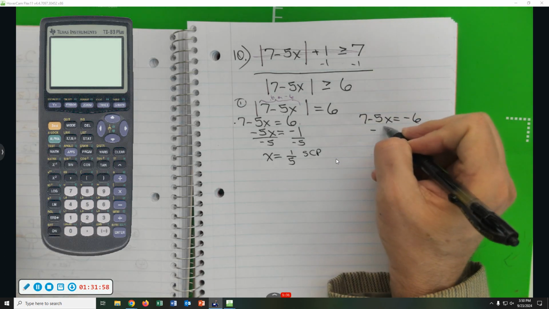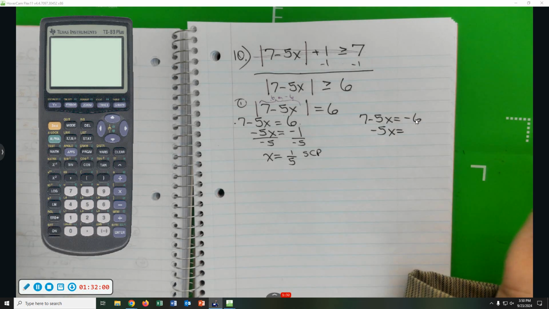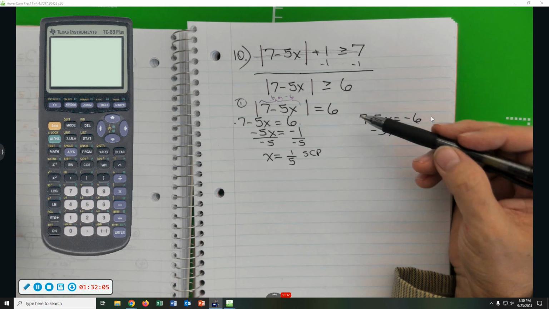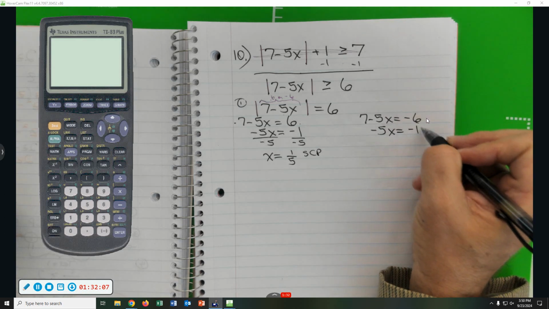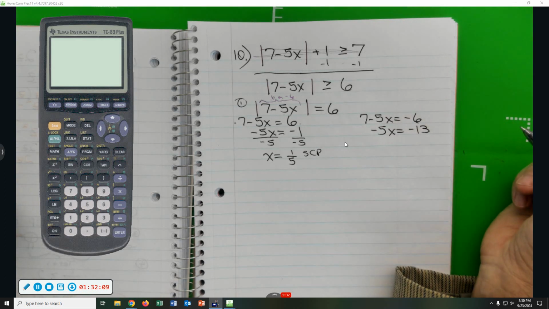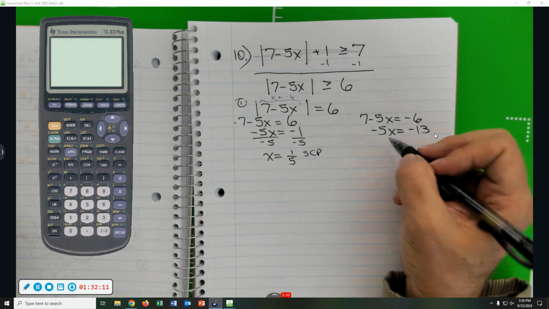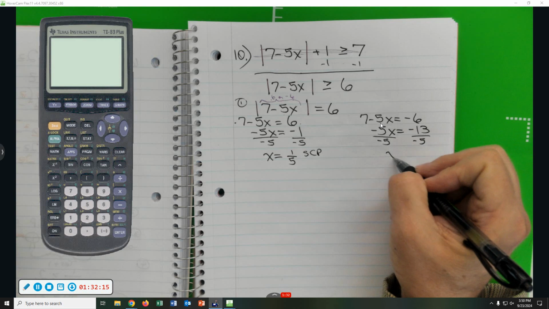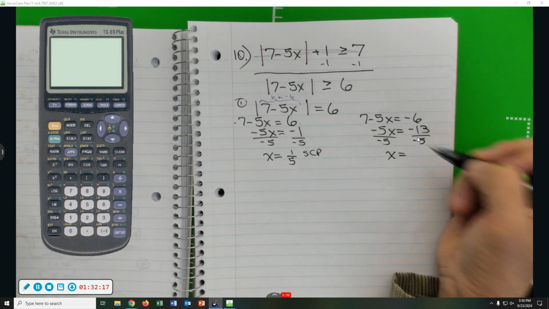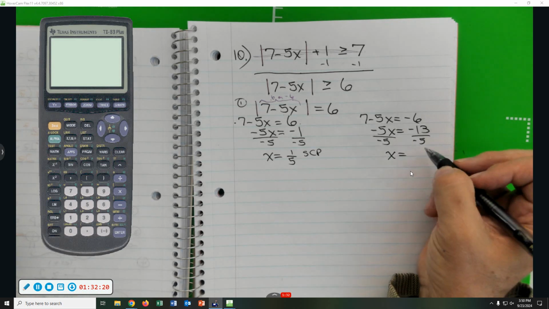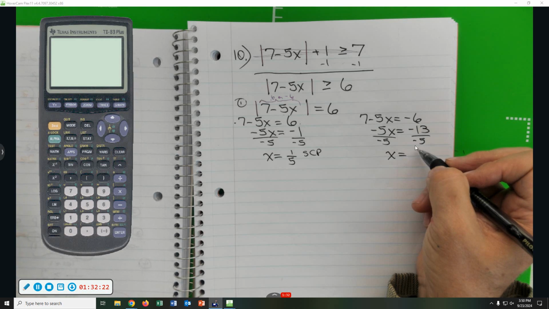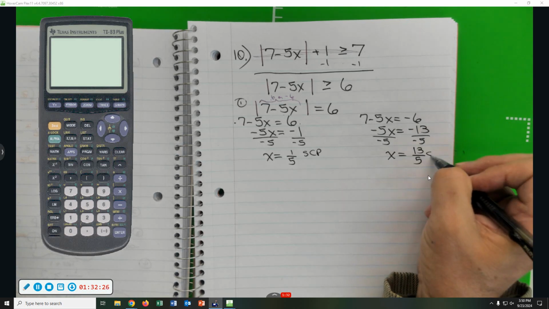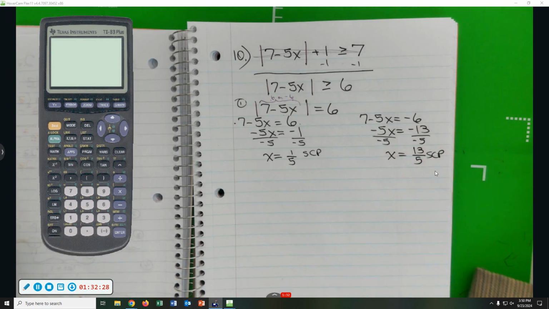That's going to give us negative 5x equals negative 6 minus 7, which is negative 13. And then divide by negative 5 to give me x equals, negative divided by negative is a positive, 13 over 5. For my second solution cut point.